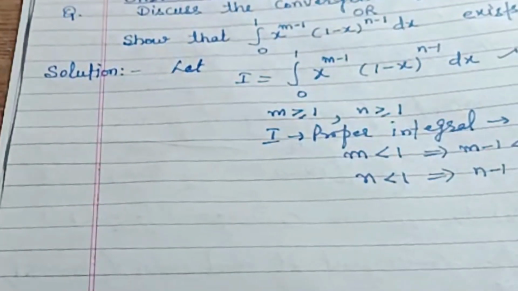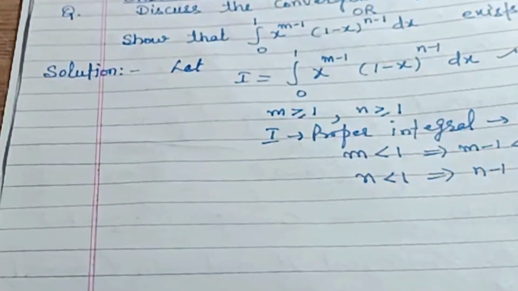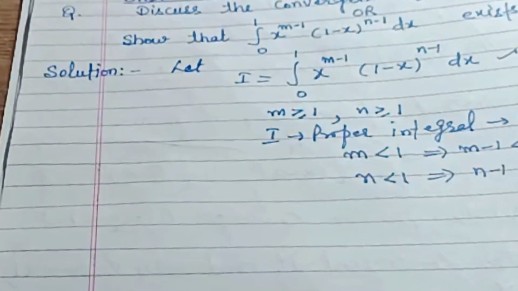So basically what we have to check in this case, whenever m and n both are less than 1, is what happens with this beta function. Is it convergent or divergent?